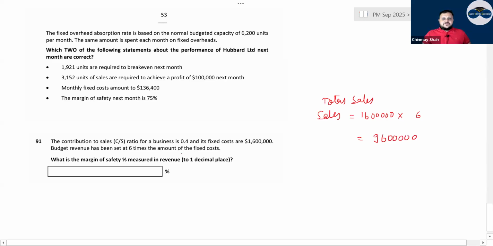You have 40% as the contribution to sales ratio. So contribution divided by sales is equal to 40%, correct?